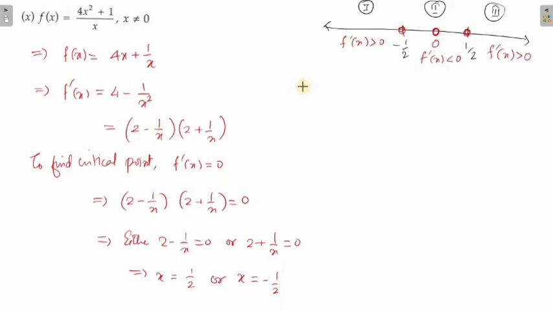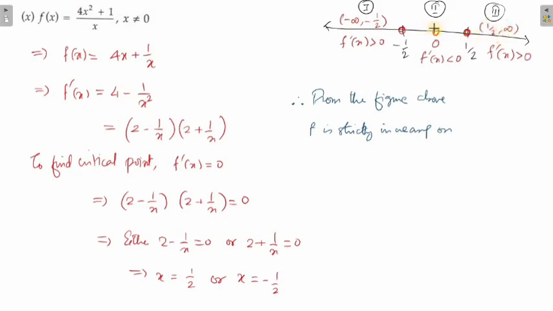So again it's the same case. Therefore, from the figure above, f is strictly increasing on the intervals from minus infinity to minus half, and from half to infinity.